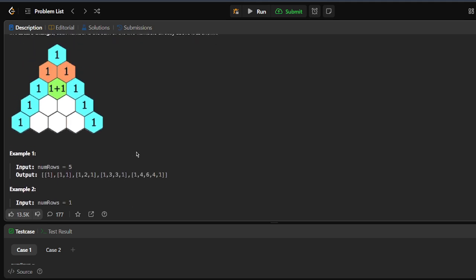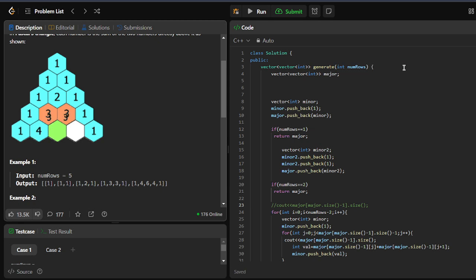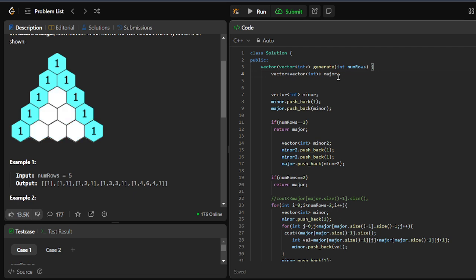Okay, now let's see the solution of this question. This is a simple solution. First I make the major vector and the minor vector. We simply push one and push it to the major.